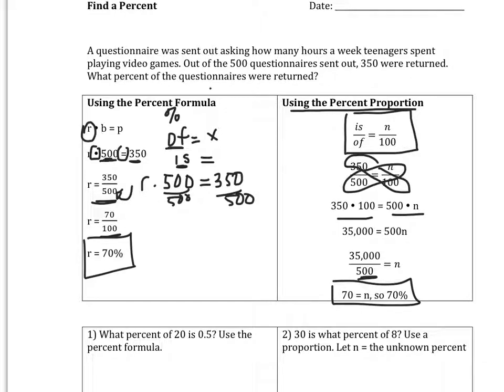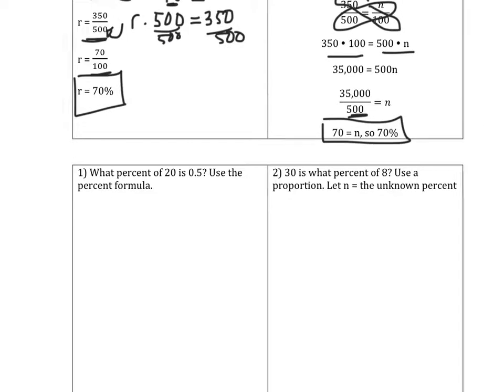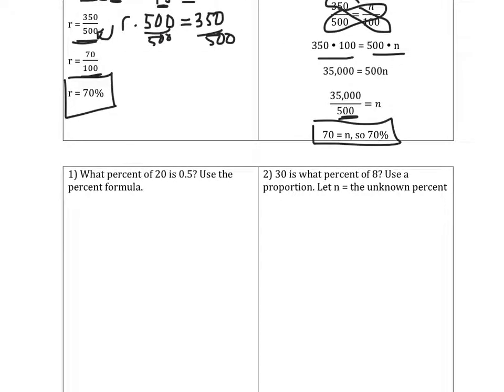Let's take a look at number 1, another example here. What percent of 20 is 5/10? Use the percent formula. The percent formula, if we remember, is rate times base equals percent. So what percent, that's what we don't know, that's our rate. "Of" means multiply, 20, "is" means equals, 5/10.